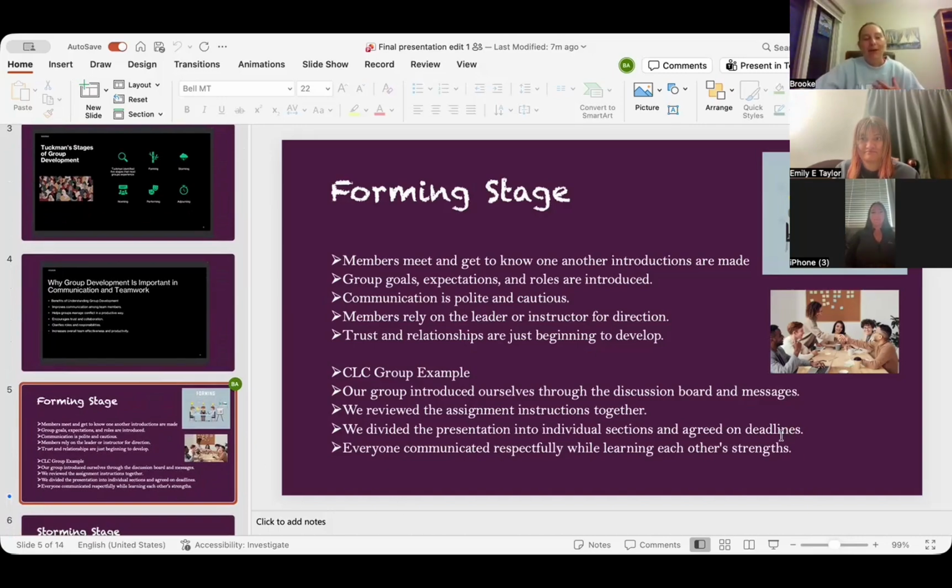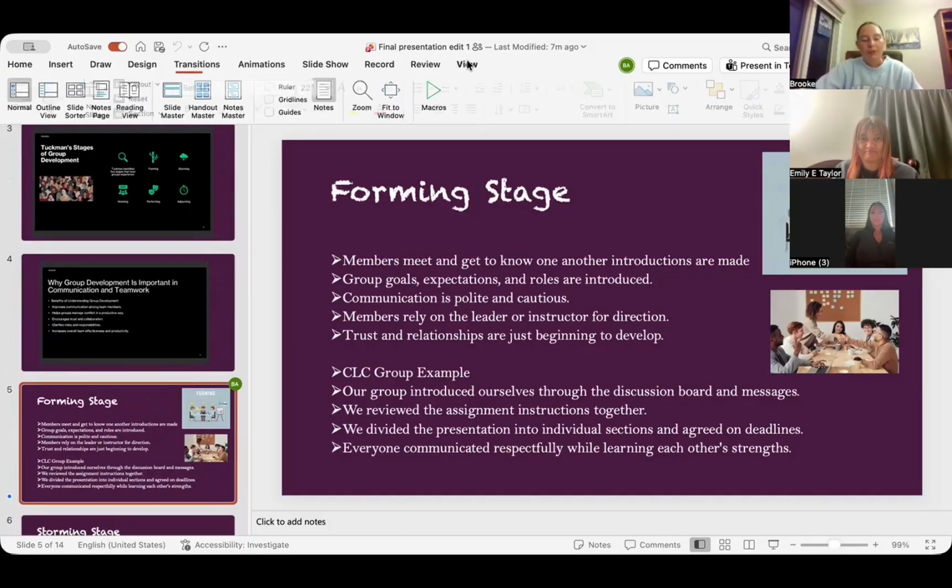Okay, I'll be presenting about all the stages since our other group members are gone. First is the forming stage. It's where group members meet, get to know each other, and introductions are made. This is where group leaders start to stick out, and group goals, expectations, and roles are introduced.